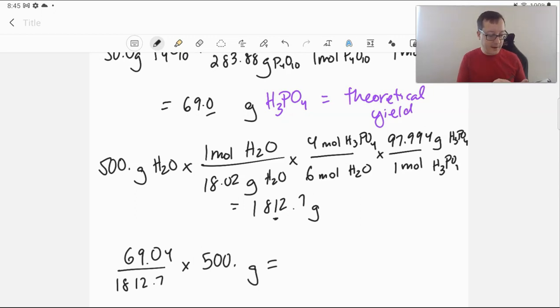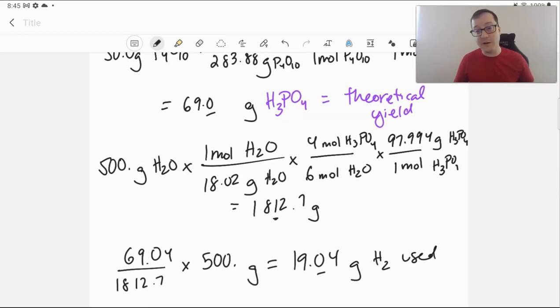So 69.04 divided by that number that we just calculated times 500 grams. We have used up 19.04 grams of water.